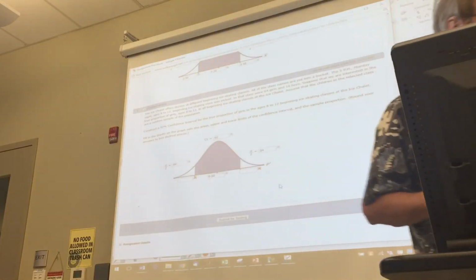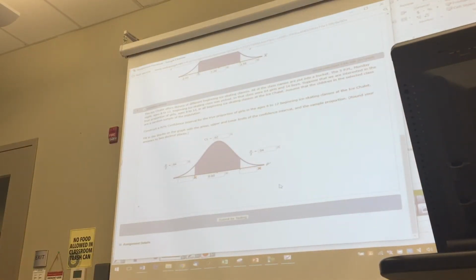Now the tricky part is, how do you calculate the standard error for this? Standard error is a little bit different, because we don't have the mean, we don't have standard deviations. They may not use the word standard error precisely, but it's a square root.